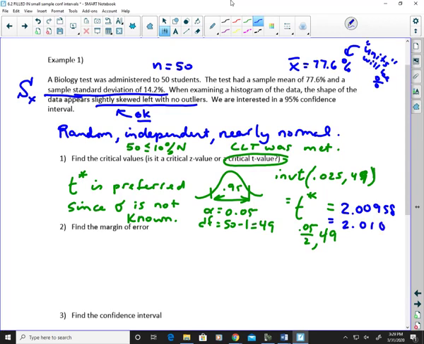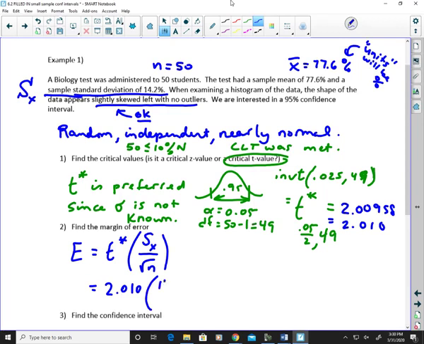Okay, now let's find our margin of error. It looks a lot like our critical Z, but we're going to be using the sample value. Using that number, and I have it on my calculator, I would actually use the actual number that I have on my calculator.